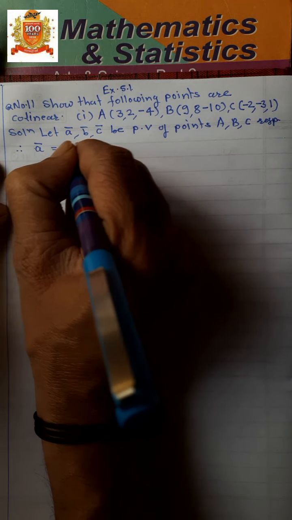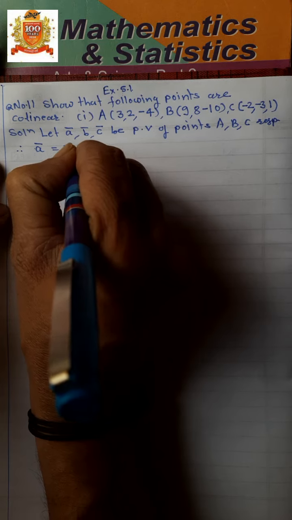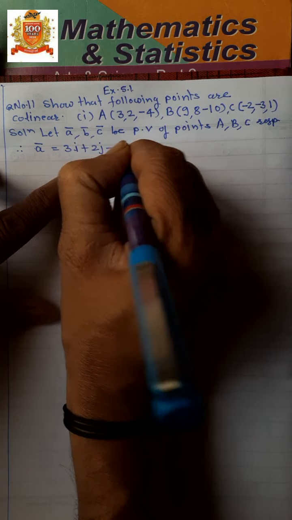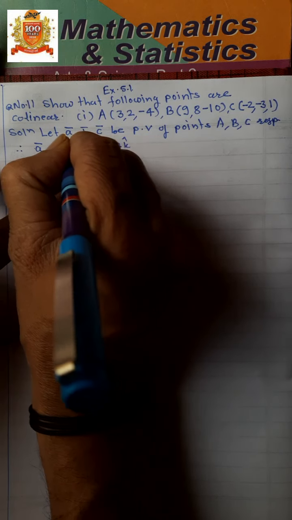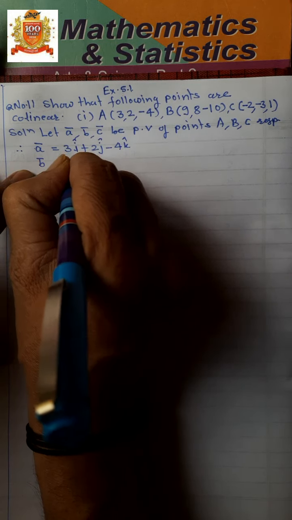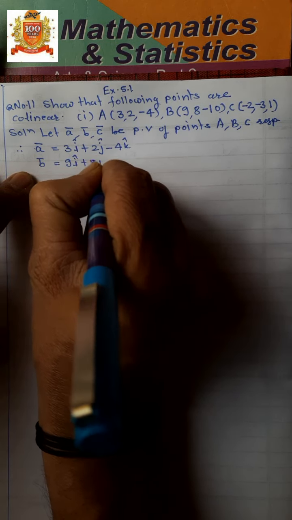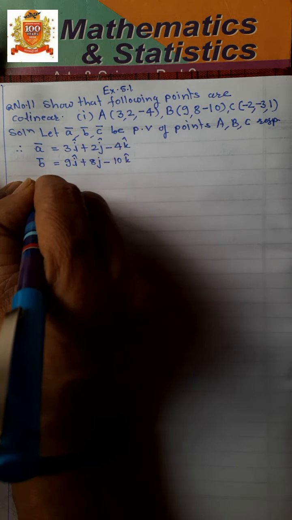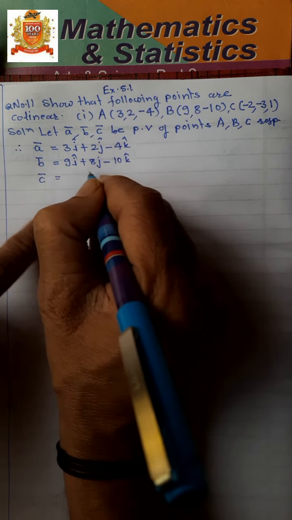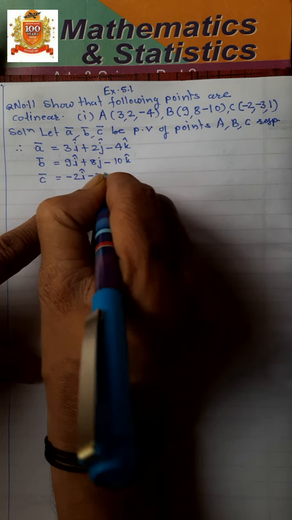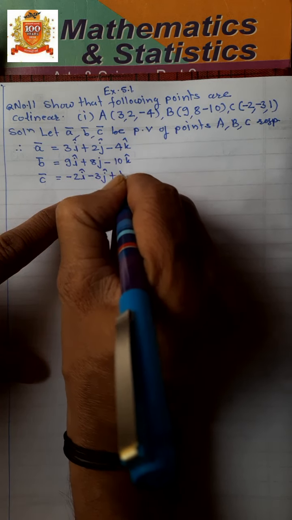Therefore, A bar is equal to 3i plus 2j minus 4k. B bar is equal to 9i plus 8j minus 10k. And C bar is equal to minus 2i minus 3j plus k.